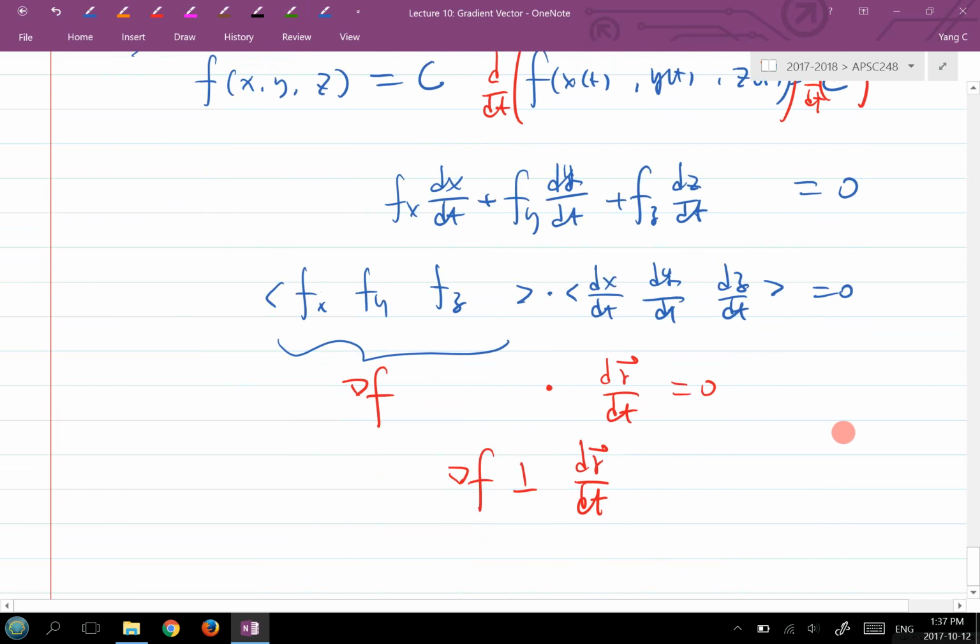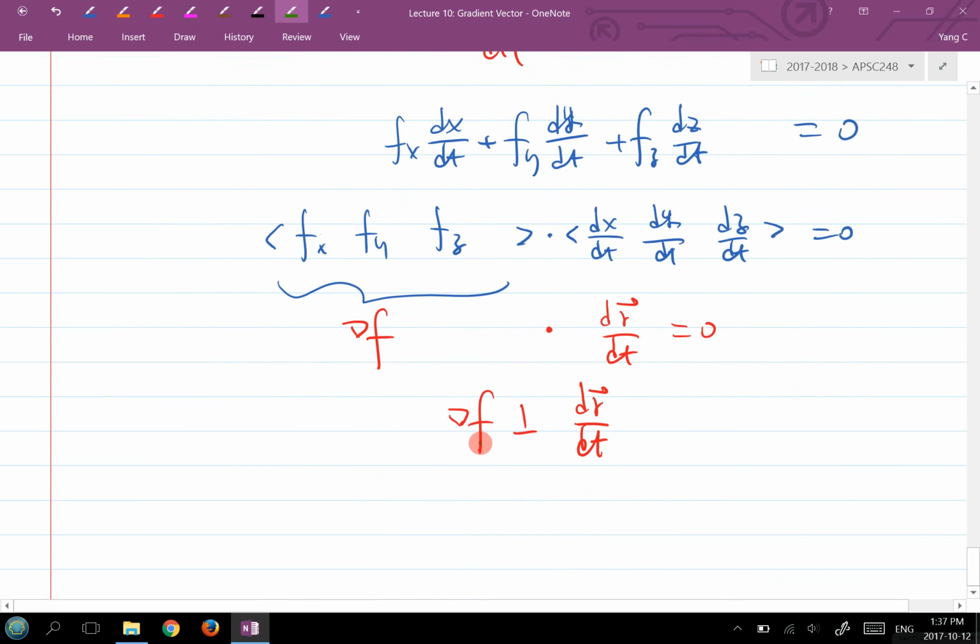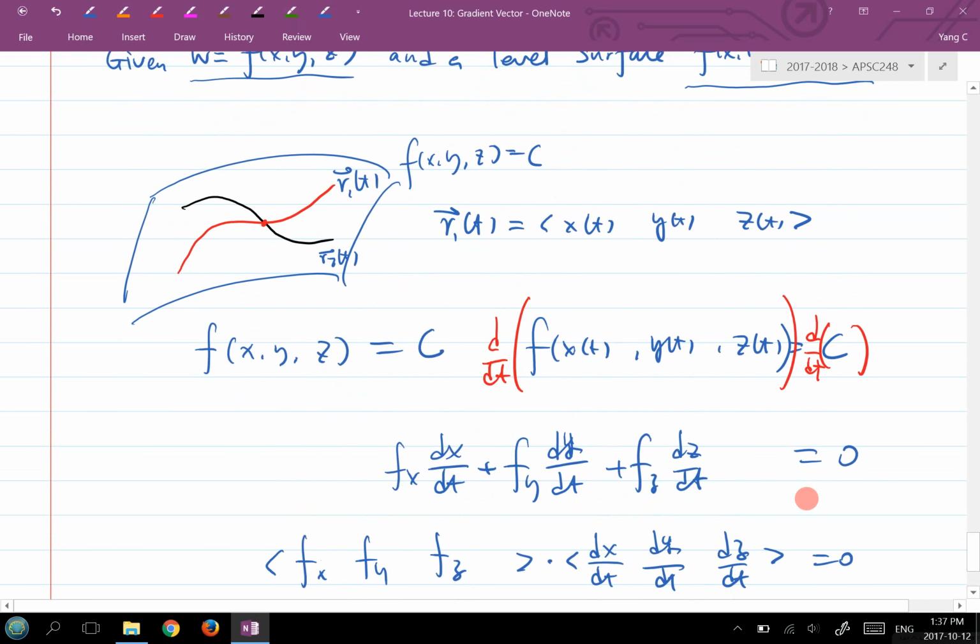It has all proved that the del f will be perpendicular to its tangent vector. So if I have a tangent vector to here for this red one, if I have a tangent vector to here for the black one, okay? What's the commonality? That del f is perpendicular to all of the tangent vectors. Does that make sense?